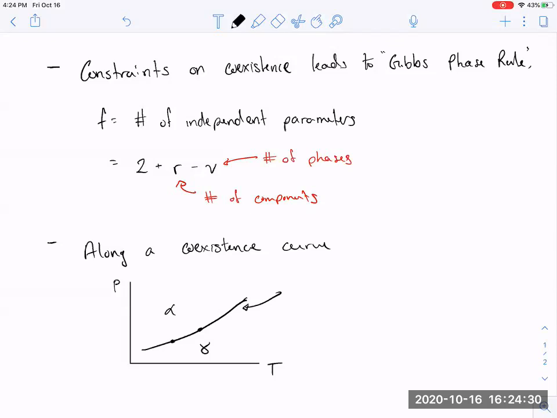Invoking the Gibbs-Duhem equation, let us write down that along that line, the slope in the temperature and pressure plane along coexistence actually gave us information about how the entropy changes in going between those phases relative to how the volume changes between phases alpha and gamma. Again, these little s's are the entropy per particle, and these little v's are the volumes per particle.